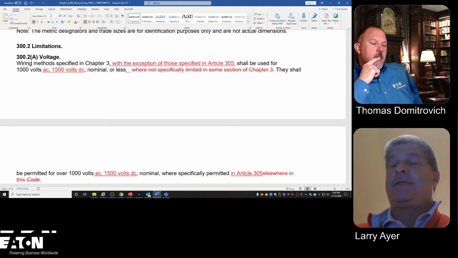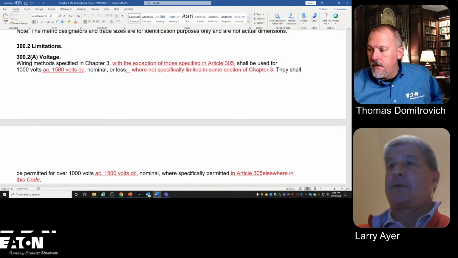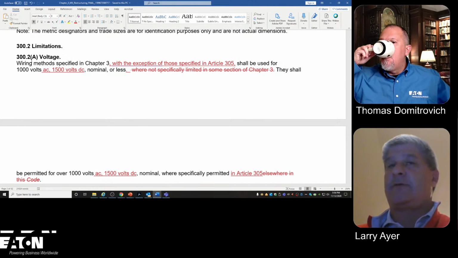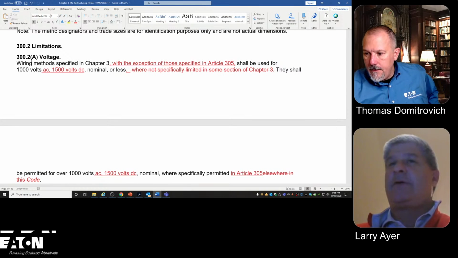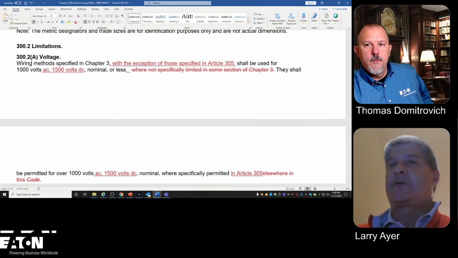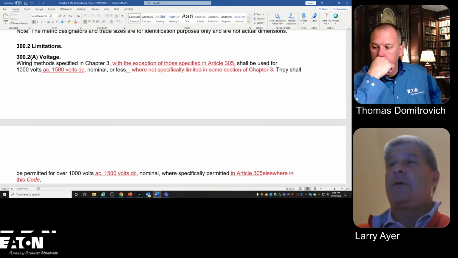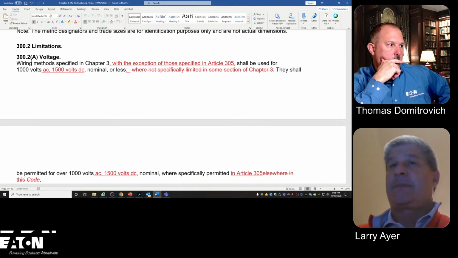EMT doesn't tell you when you can use it. It's silent. PVC is silent. Medium voltage busway gives you a specific voltage level, but not every cable, not every wiring method is treated the same. So it's really kind of hard to find what wiring method you could use.